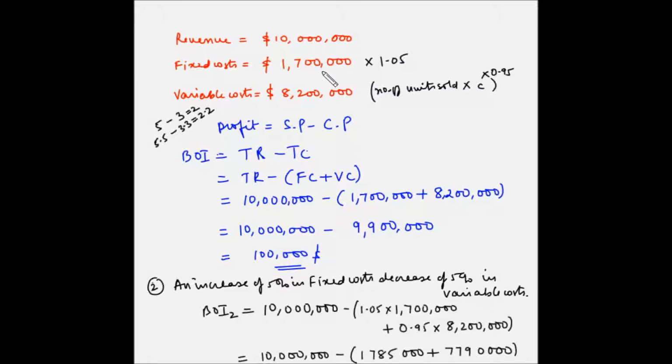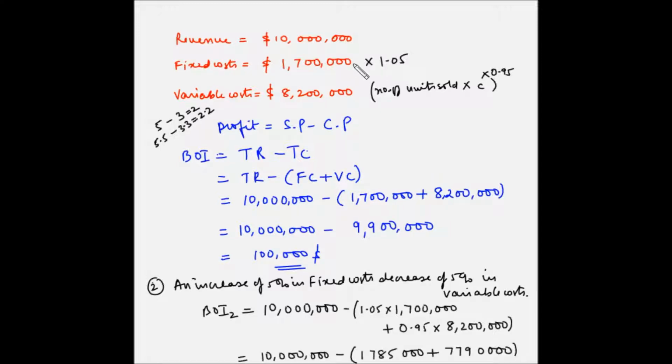However, since the fixed cost is much lesser than the variable cost, an increase of 5% in the fixed cost is still lesser than the decrease of 5% in the variable cost. So thereby the overall total cost has decreased from what it was originally budgeted. And because the total cost has decreased, our budgeted operating income has now increased.